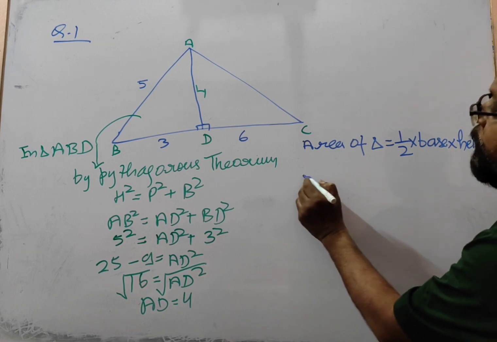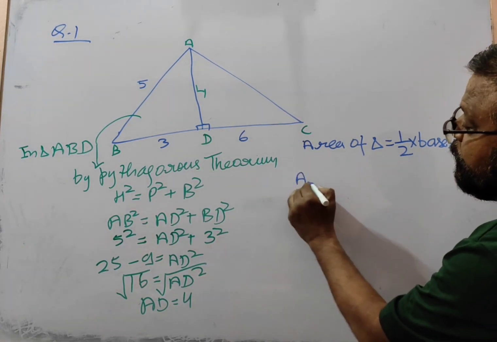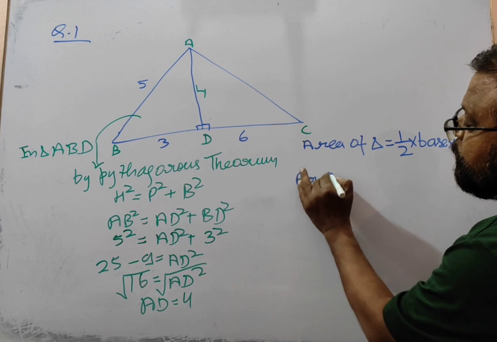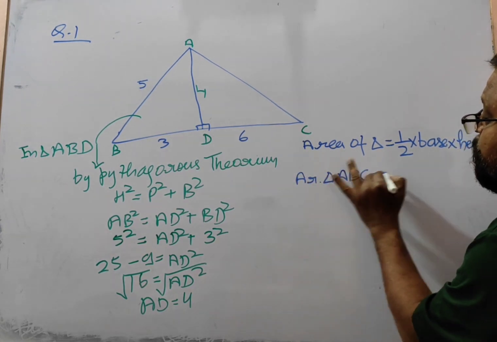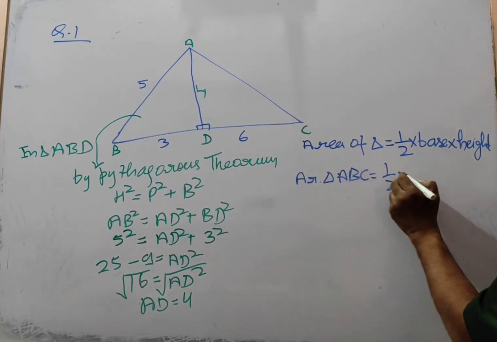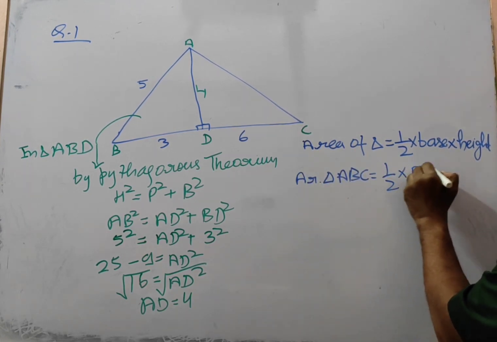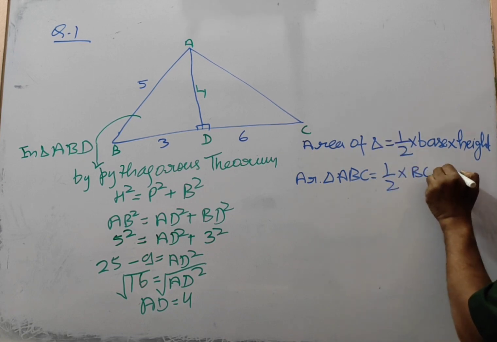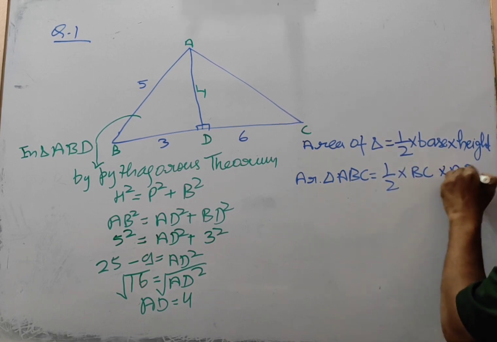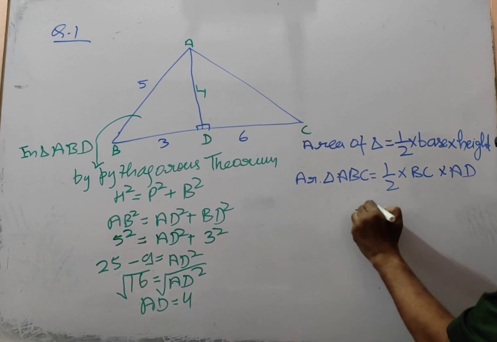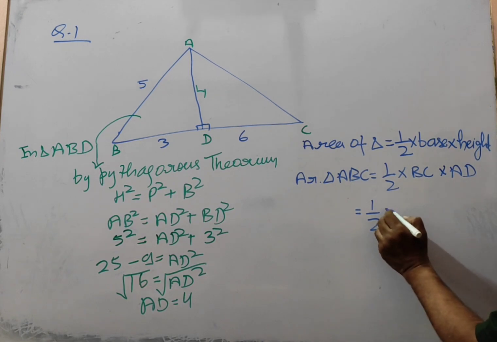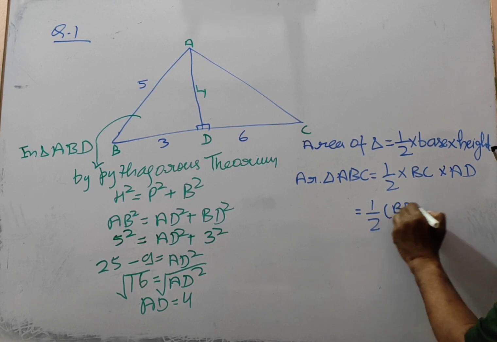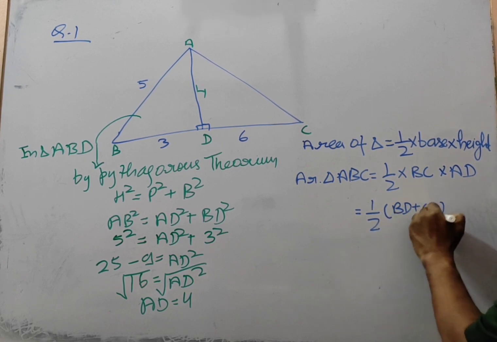Or we can write area of triangle ABC is equal to 1 by 2, base is BC and height is AD, right? So 1 by 2, BC is BD plus CD into AD.